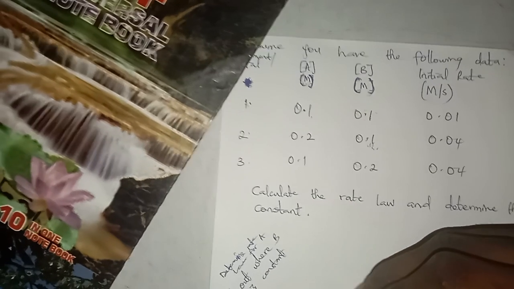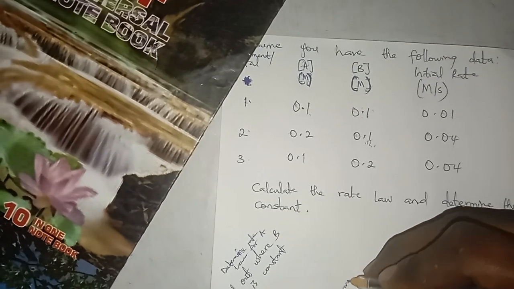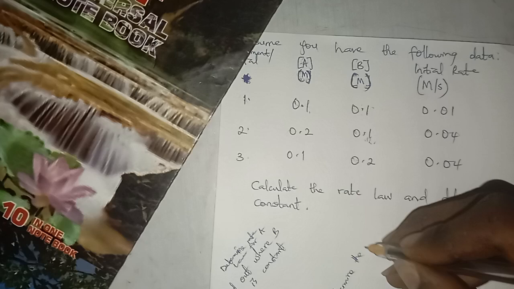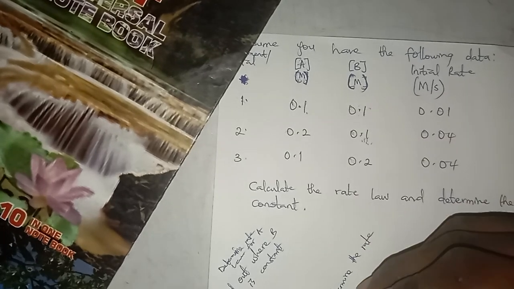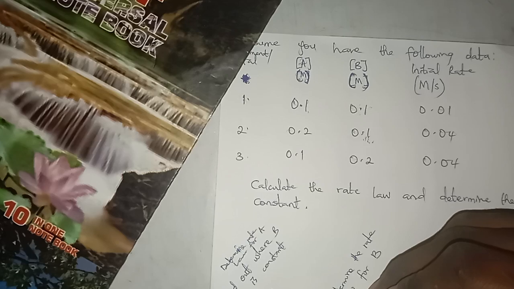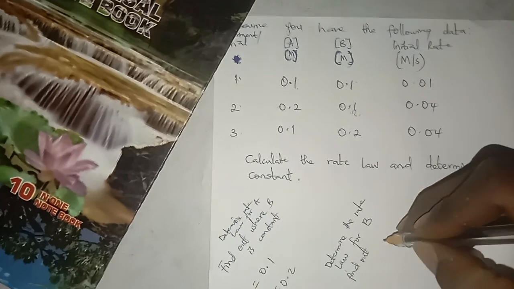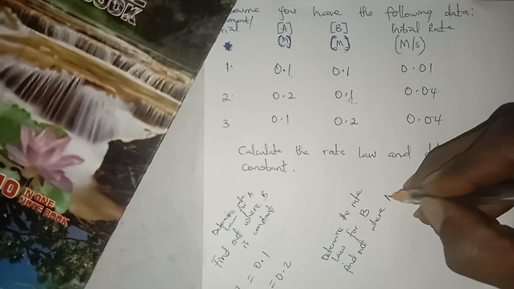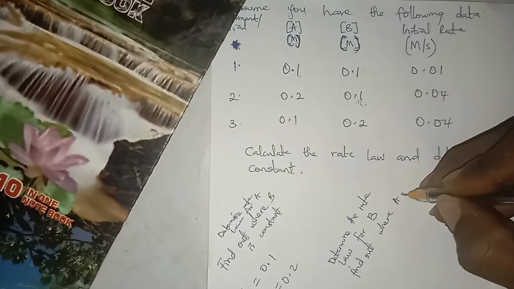Now, we are coming to answer the question, but we cannot answer the question without knowing this. So to determine the rate law for B, we have to keep A constant. So find out where A is constant.